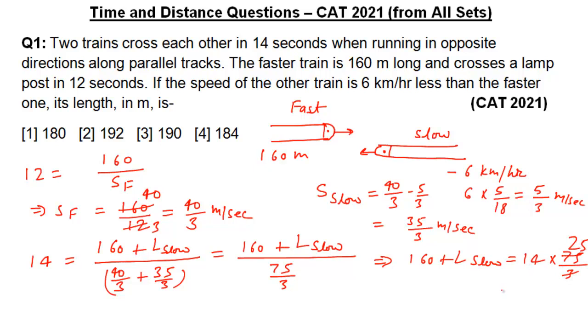So 14 multiplied by 25 will give me 350. With the help of that, I can find out the length of the slow train is equal to 350 minus 160, that is 190 meter. So 190 meter is the length of the slow train, and option 3 is correct.